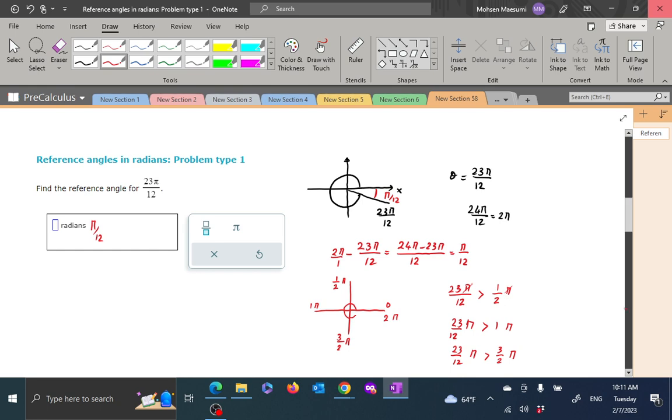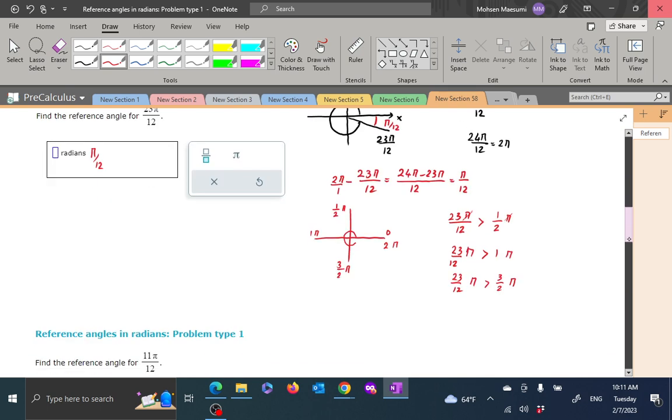Well, is it more than 2 pi? Is 23 over 12 pi more than 2 pi? Have we passed the starting point? Well, if you multiply by 12, you see this is 23, that is 24. No, we have not passed 2 pi. So we have come somewhere close, but we didn't make it through 2 pi.